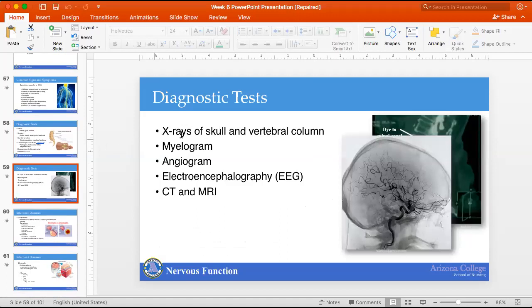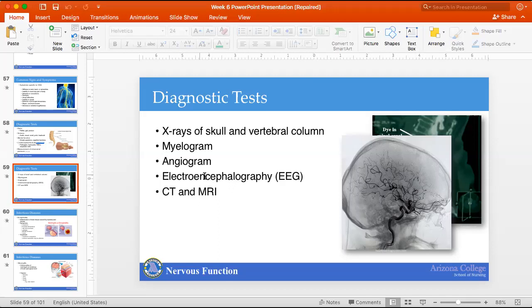You'll also do an X-ray of the skull and vertebral column. You can do a myelogram, which is looking at the spinal cord, and an angiogram looking at blood vessels, and that's what they're showing here, using dye to get an idea of what is going on with the blood vessels. Are there any occlusions or signs of a stroke or signs of ischemia to certain parts of the brain?